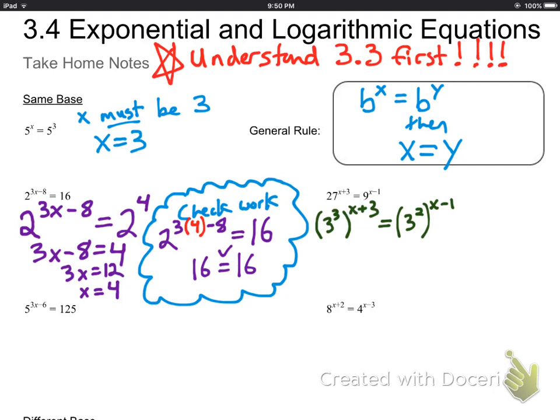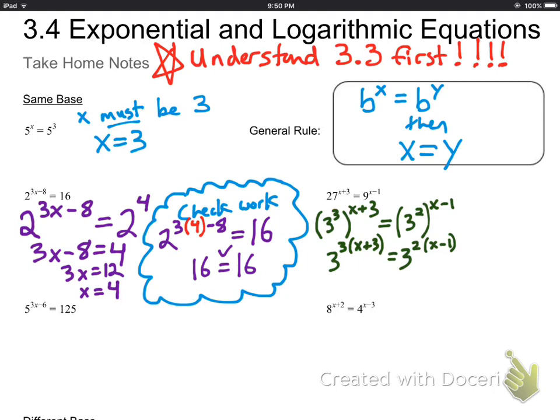Then, as you guys know, when you have a power and you raise that to a power, you have to multiply the exponents, right? So we're going to do 3 times x plus 3, and we're going to do 2 times x minus 1. Alright, those are, again, back to our power rules. Now you can see, look, we have our same base situation up here as we did at the top.